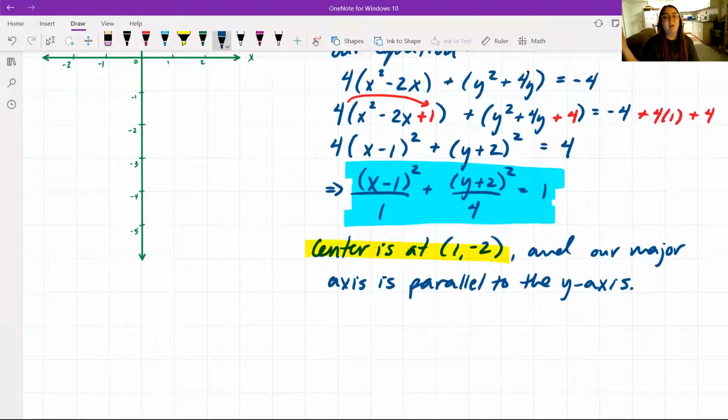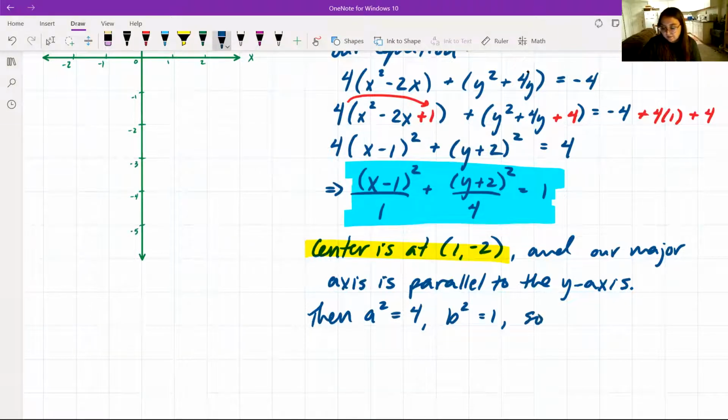Now we want to determine our vertices and our foci, and then also what's going to be our x-intercepts. So we can see that a squared is 4, b squared is 1.